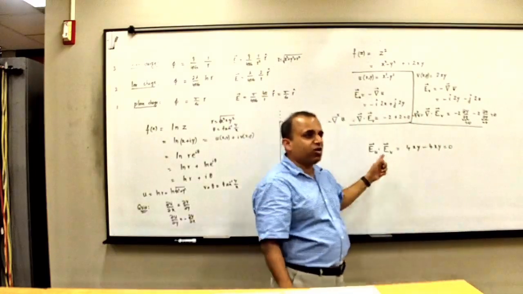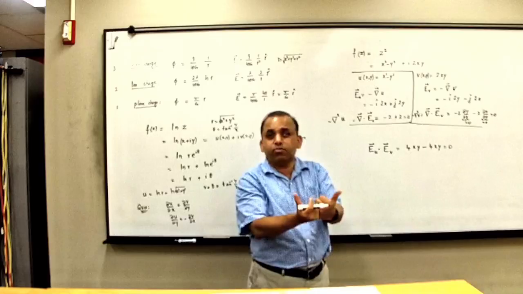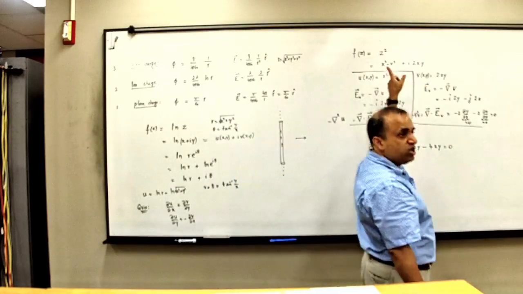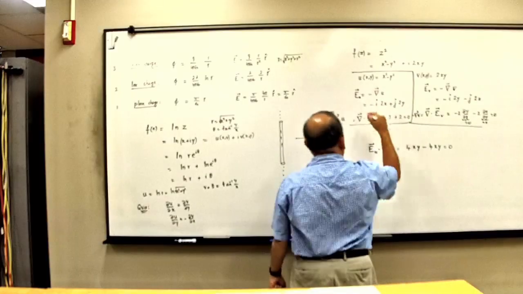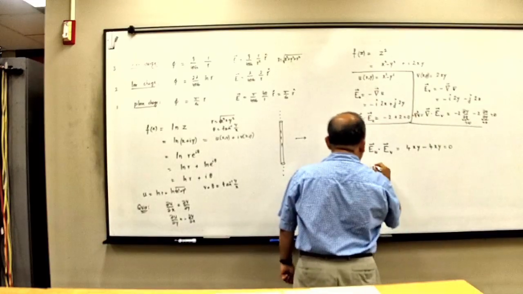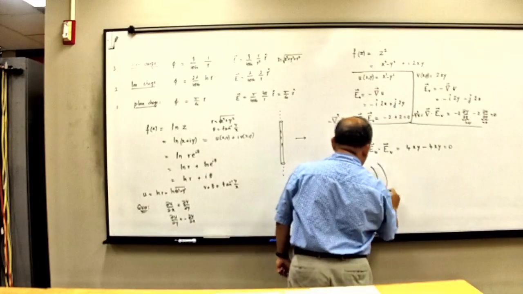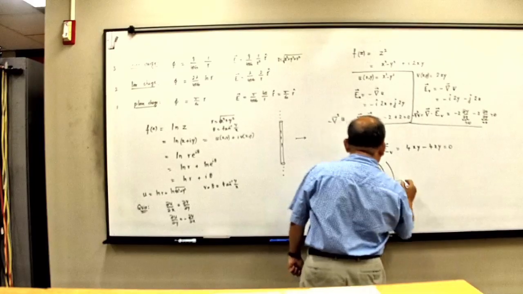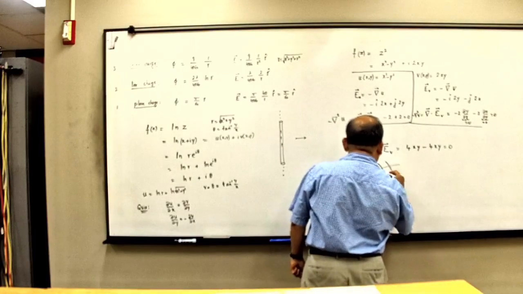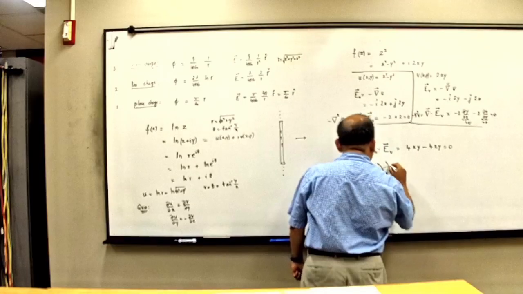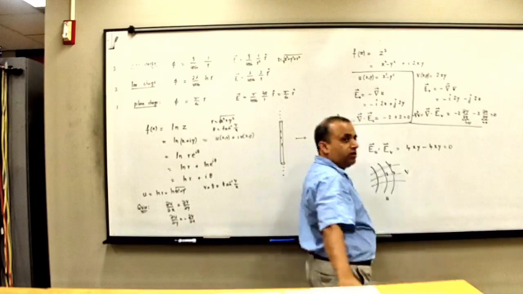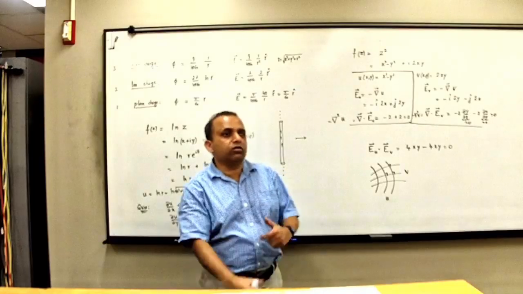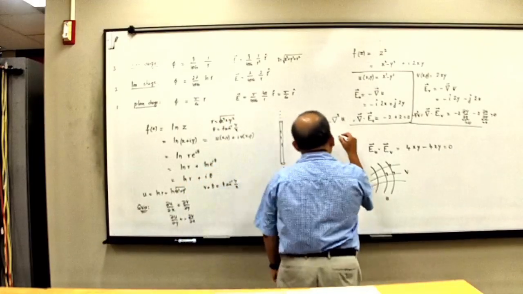That means they are orthogonal at every point in space. If I were to plot the equipotential surfaces for this, u and v, they will be orthogonal at every point. U surfaces and v surfaces are always orthogonal. These are called conjugate functions.